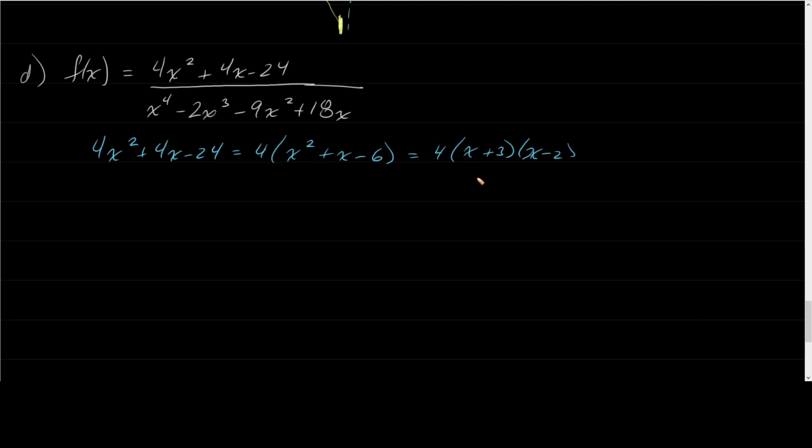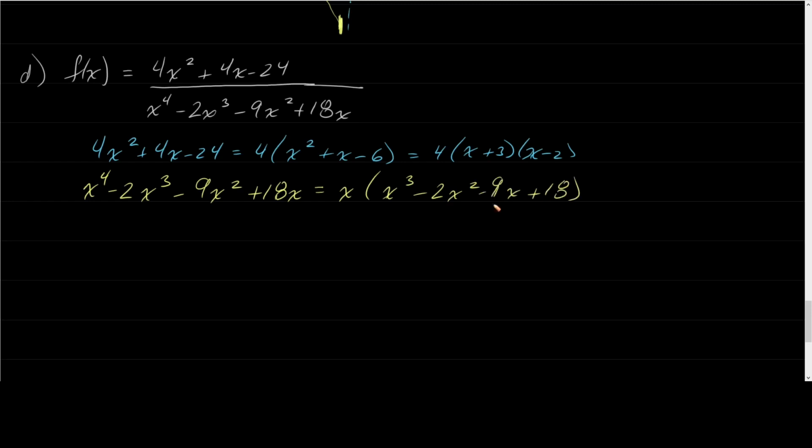Now, the denominator. We have x to the fourth minus 2x cubed minus 9x squared plus 18x. Let's do this one step at a time. Everything here has an x, so I can factor out an x, and I'm left with x cubed minus 2x squared minus 9x plus 18.